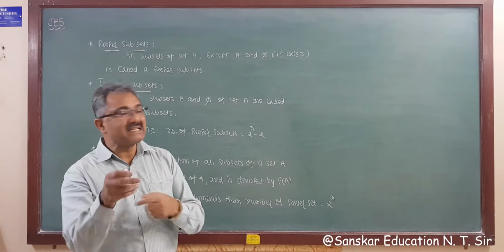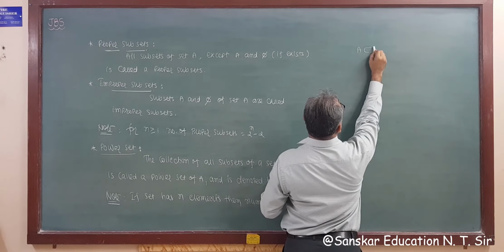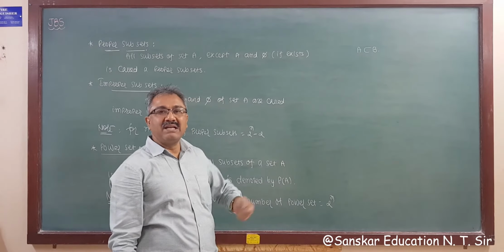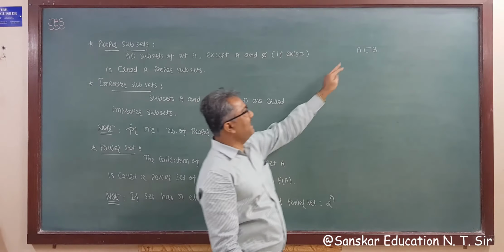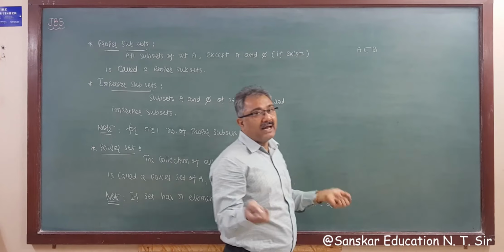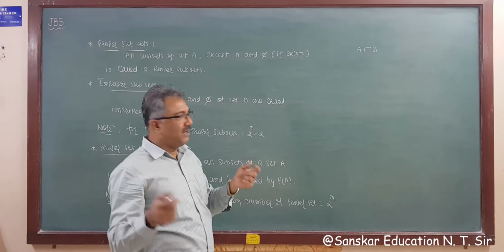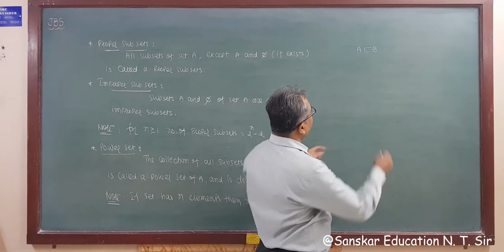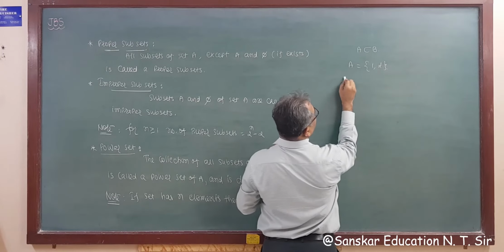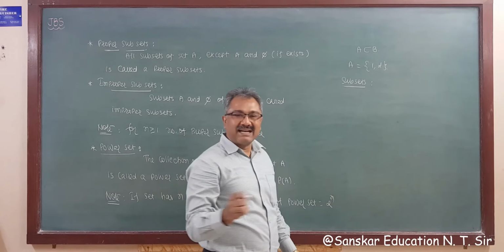We learned that if A is a subset of B, then A is a proper subset of B, and B is a superset of A. Now proper subsets. Suppose I take the set A equal to {1, 2}. Then the subsets of A are the set A itself.